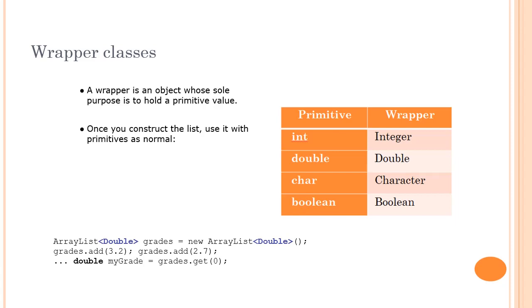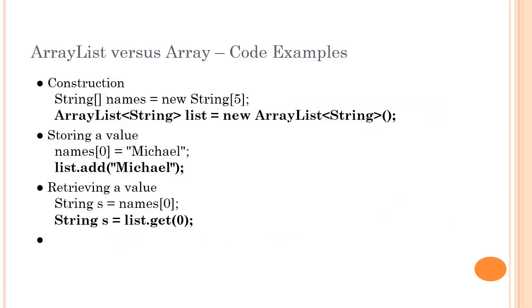You have also an example of an array list containing doubles. So you can see that once you construct the list, you can use it with primitives as normal. You should use the method get and give as an argument the index of the cell to be retrieved.